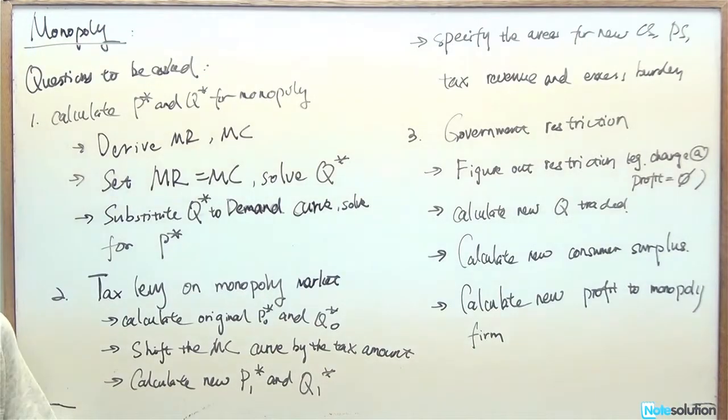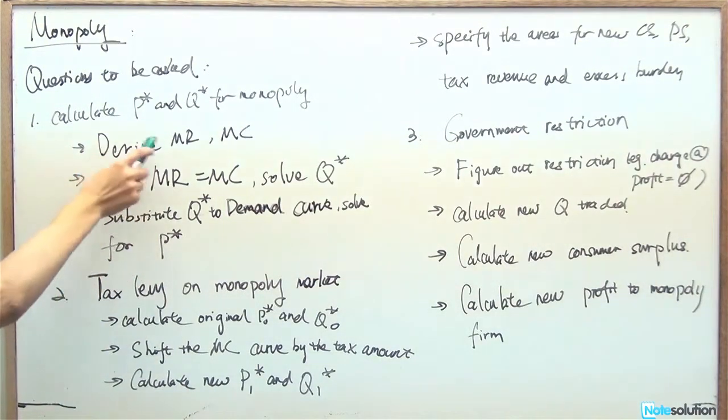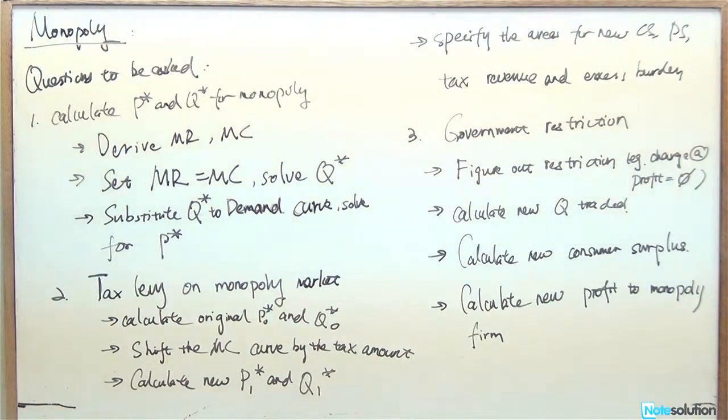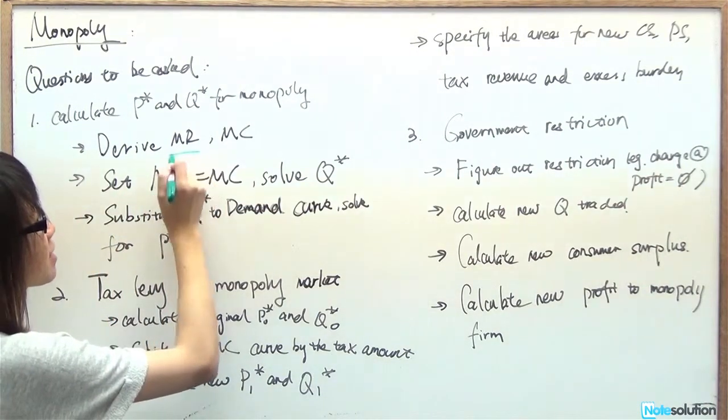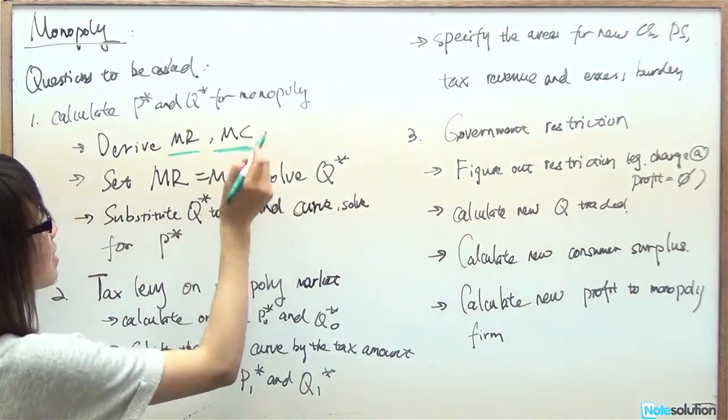So let's go over the 3 types of questions that can be asked in the monopoly topic. The first one is to calculate the equilibrium price and quantity for the monopoly firm. As we just went over from the graph, first we need to derive the marginal revenue and the marginal cost.